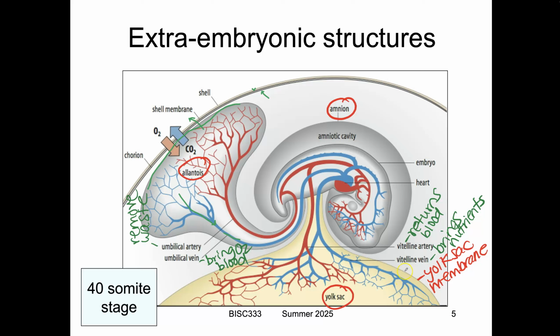The other blood vessels are the vitelline artery and the vitelline vein, and the vitelline vein picks up nutrients from the yolk, and the yolk is inside a membrane called the yolk sac, and those nutrients are then brought up and delivered to the embryo, and the vitelline artery returns the blood from the embryo to the yolk sac, and then it picks up oxygen, and it makes connections via capillaries to the veins that then remove the oxygenated blood.